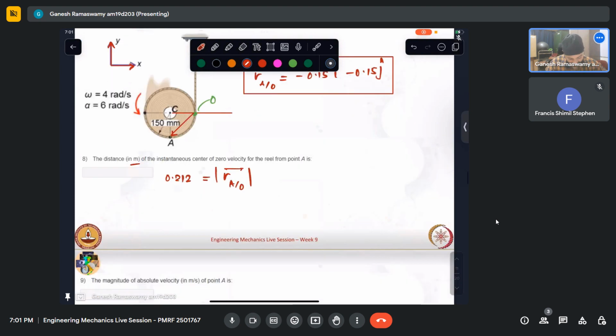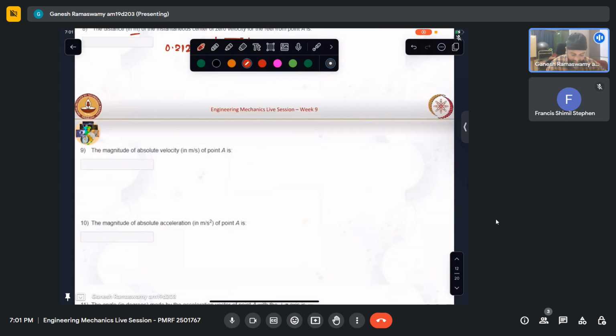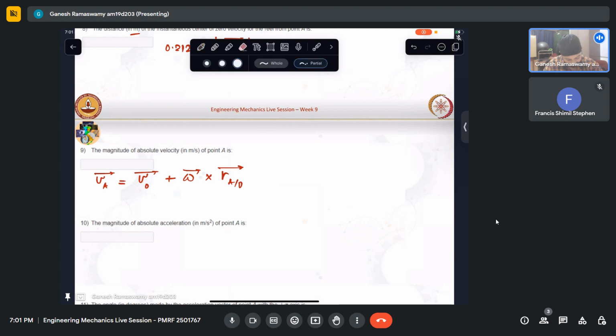Now the next asks for the magnitude of absolute velocity of point A. Now we know that velocity of point A is velocity of point O plus omega of the reel cross R of A with respect to O, when I am attaching a non-rotating translating axis to that. Now I know that velocity of O is 0 by virtue of that being the center of zero velocity.